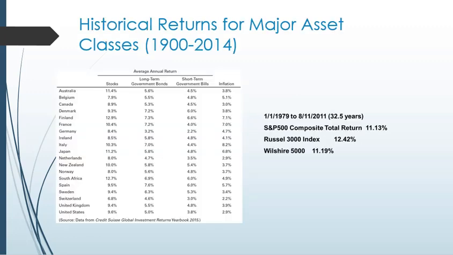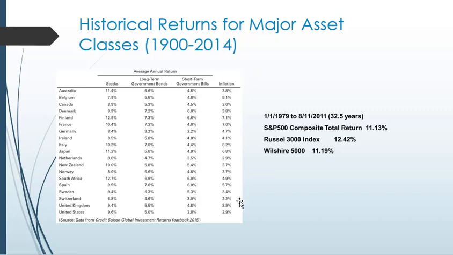Now, just as a picture, I just want to take a second to say that this particular graph shows rates of returns on different kinds of asset classes. Now, this only goes to 2014, but the numbers have stayed relatively the same. And if you look, we can find here stocks, long-term government bonds and short-term government bonds.